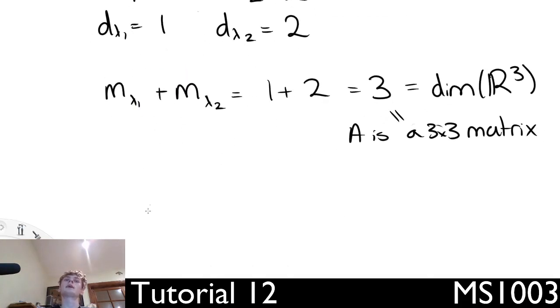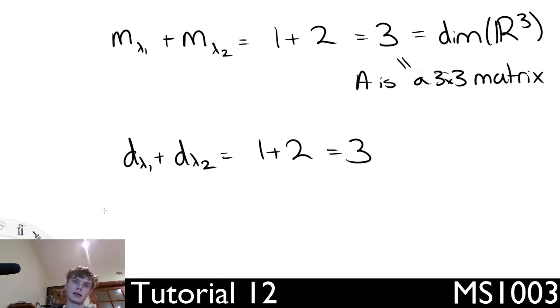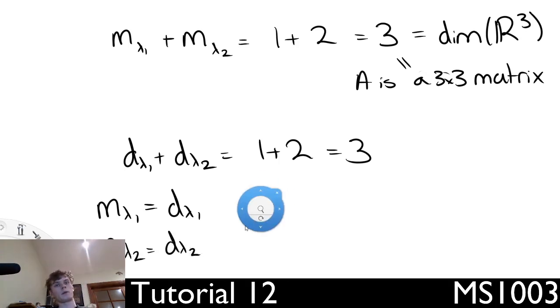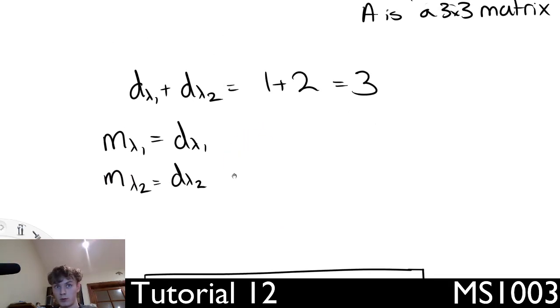And we can see that in this case, if I add the geometric multiplicities, I also get 3. And the algebraic multiplicity and geometric multiplicity are equal. But this isn't always true. Okay?